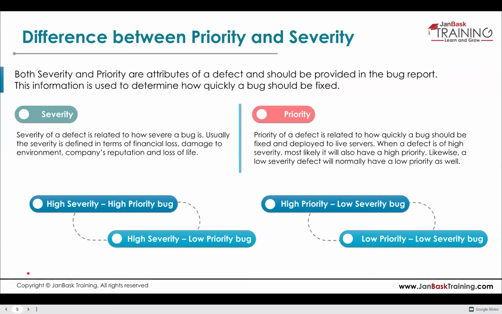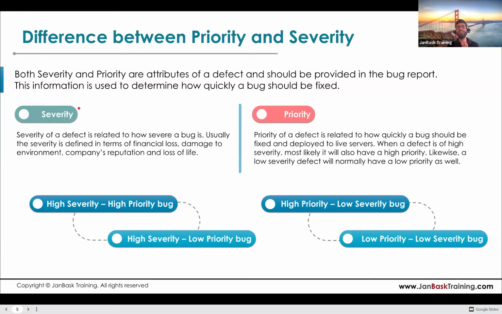It could be severe because it may affect the business, but it is a low priority. We are not talking about priority right now, because I have not described what the priority of a bug is. So let's focus on severity itself.